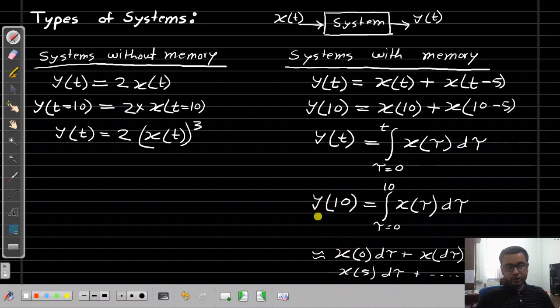So to calculate this output at t equal to 10 seconds, I need to know all the previous inputs from time equal to 0 to time equal to 10 seconds. So this is an example of a system with memory.